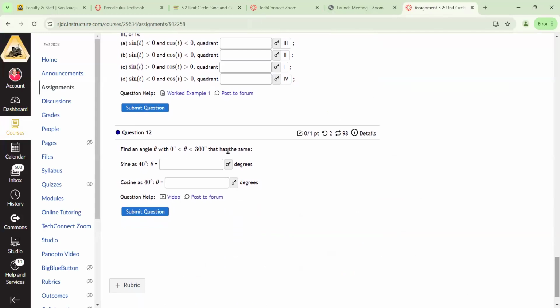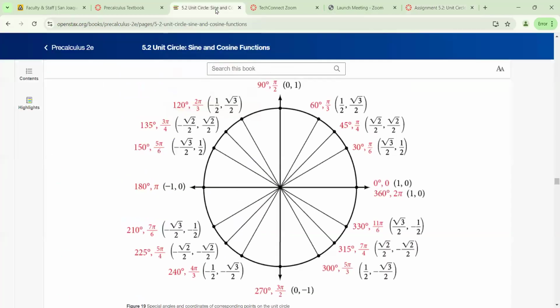Find the angle theta that has the same sine as 40 degrees and the same cosine as 40 degrees. So I'm going to show you the unit circle again here. Sine 40 and cosine 40 are right here in this quadrant. They both are positive. So cosine will stay positive in the fourth quadrant also. 40 below 360 will be 320 for the cosine.